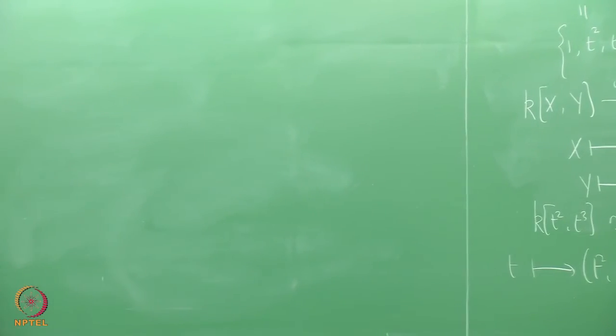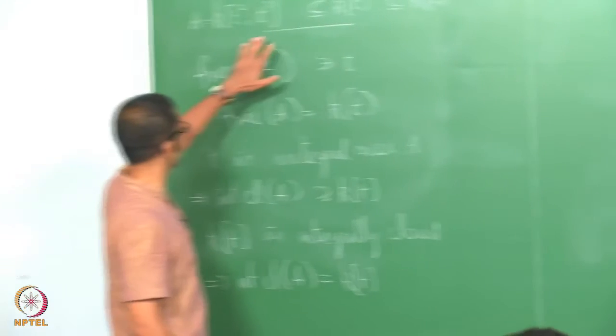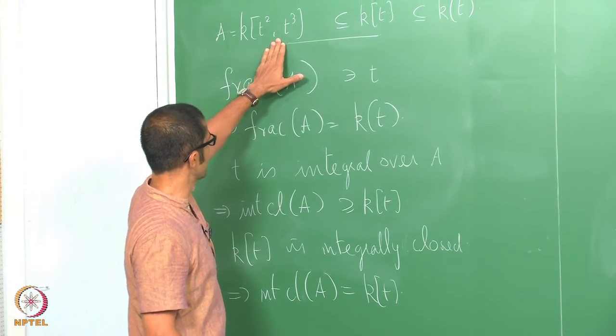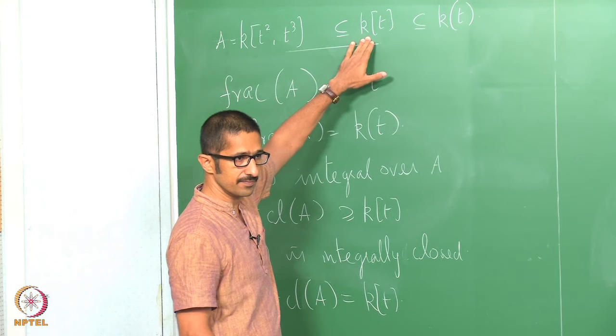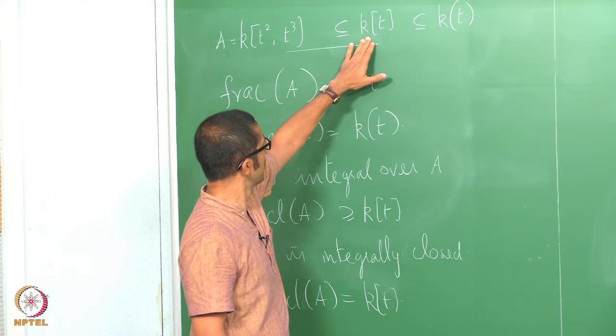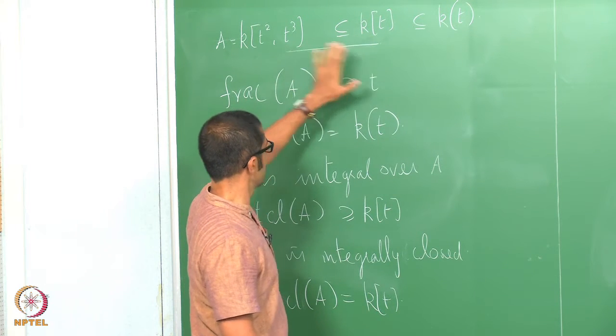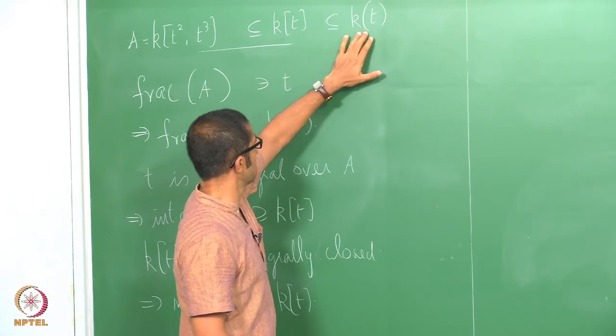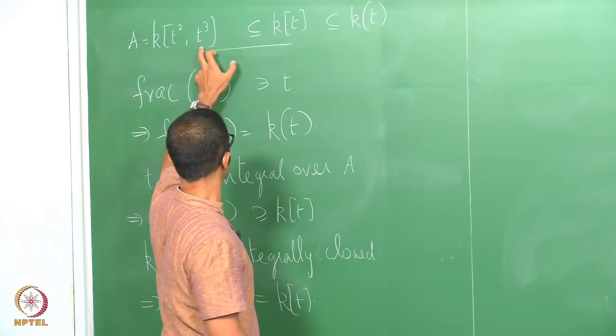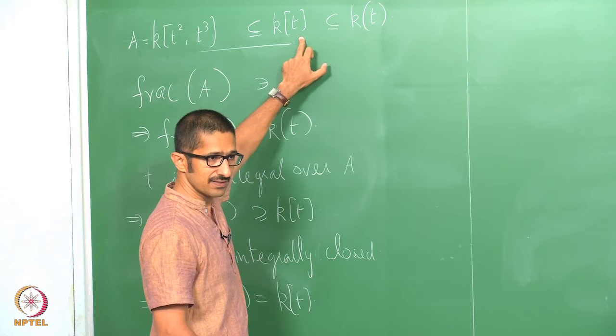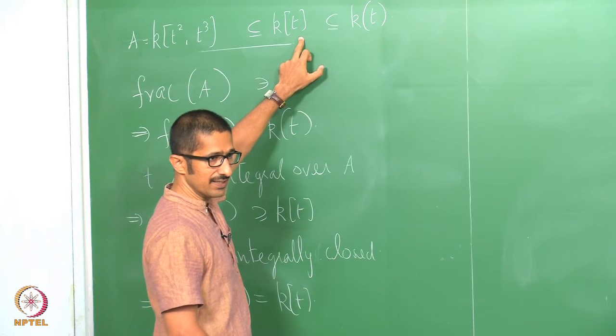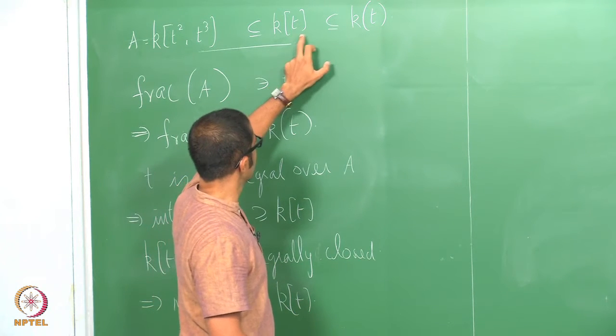Fine. So, what we have used here is, if this is integral over this, and an element here is integral over this, it implies it is integral over this, and therefore, it belongs to here.